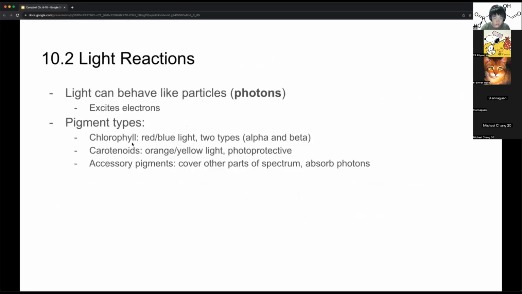Here, the light, or the photons, excite electrons in chlorophyll or carotenoids. I knew how to pronounce this, but I just forgot. Carotenoids. Anthony's gonna be on me. But anyways, I know how to spell it at least.